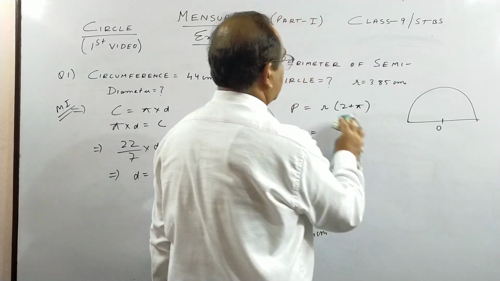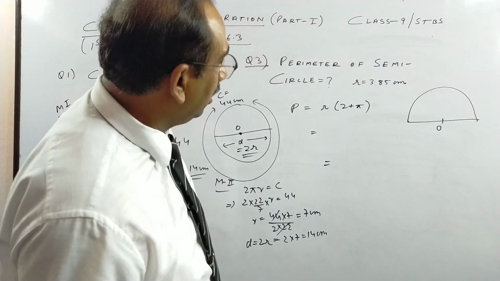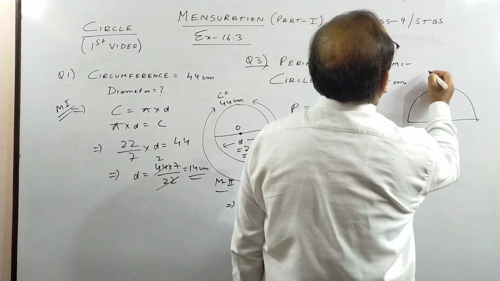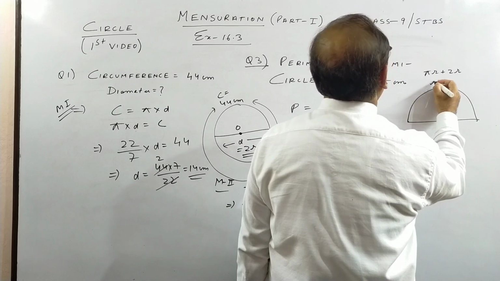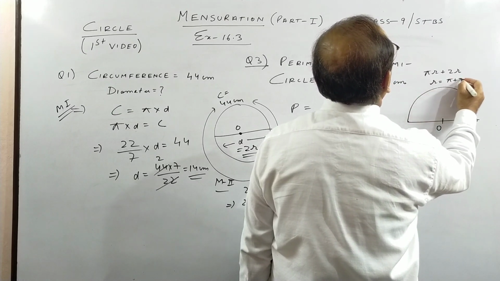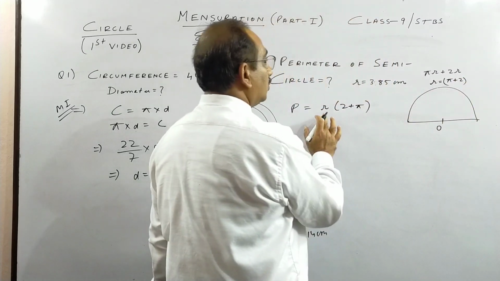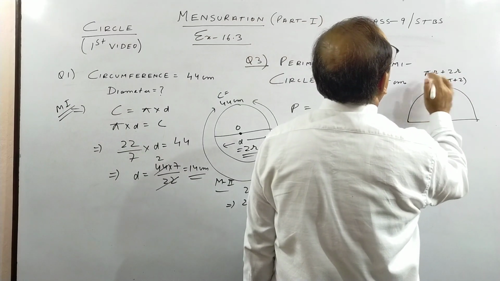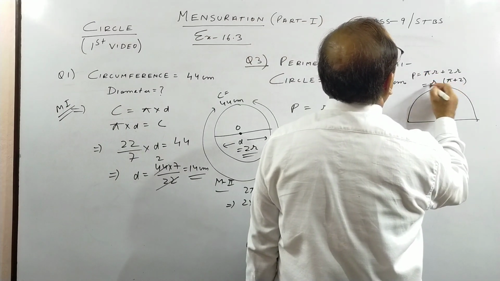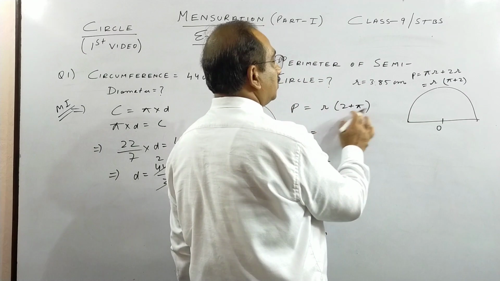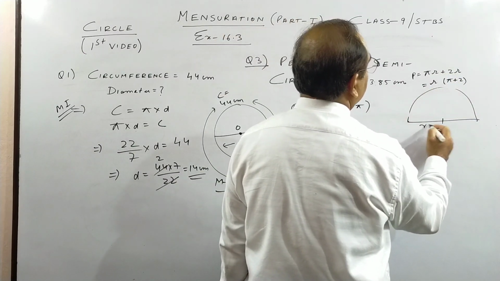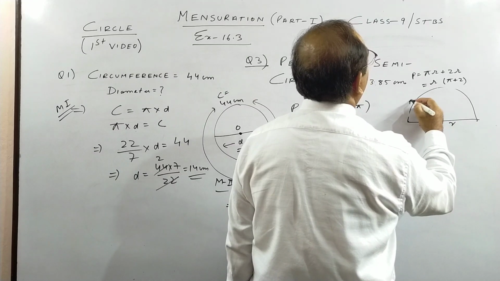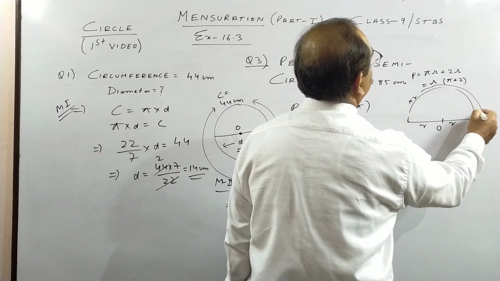Here r is common, not pi. There is only one pi, for this pi r. Sometimes it is pi r plus 2r. Take out r common, pi plus 2. So when you take it out, r comes out, children. Pi r is the circumference of this curved part, and this is r plus r.